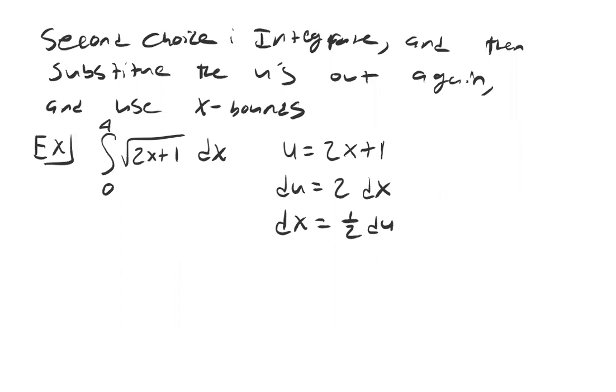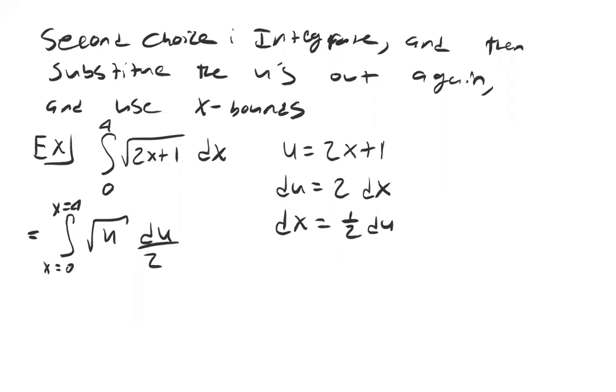So going through and plugging this in, this is the integral from x equals 0 to x equals 4. The reason I'm writing that is now this is the square root of u du. And then I have a factor of 1/2 I'm missing. So dx is 1/2 du, so I'll plug that in. So now the problem is, again, I could integrate this, but I can't plug in these x values here.